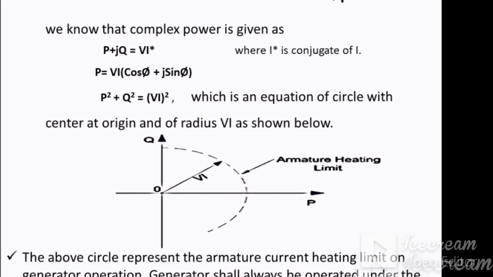The radius is nothing but VI, that is the product of voltage and current of the armature. It starts from the origin and gives you the magnitude of the product of voltage and current. That is nothing but the radius of the circle. So this circle represents the armature current heating limit on a generator's operation.